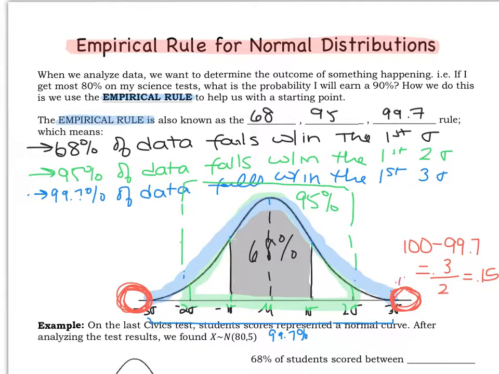So 0.15% of your data falls on the right wing, and 0.15% falls on the left wing. Remember, the further away from the mean, the less likely it will occur. That's exactly right, because a 0.15% chance is very rare. It could still happen, but it's pretty rare.